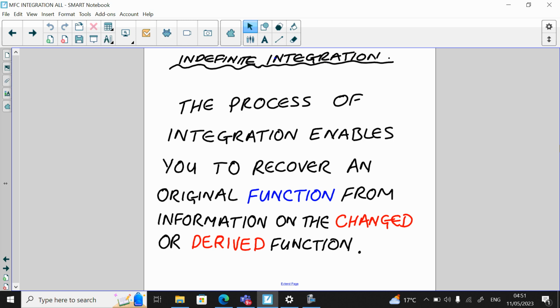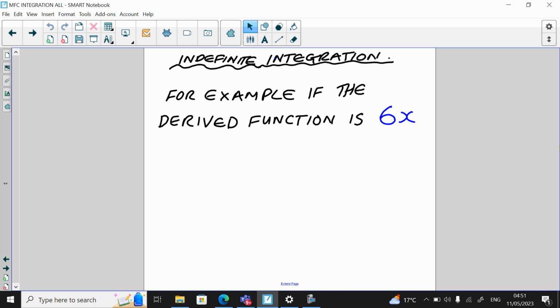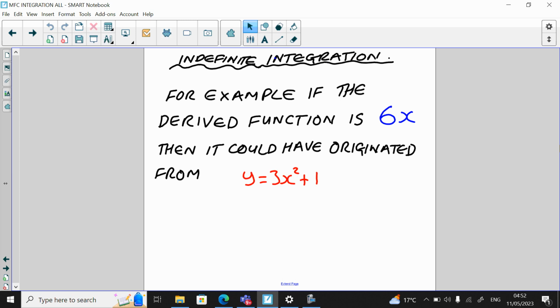So what we're going to do here is, if we have information about the gradient function, the derivative, we can go back and recover the original function. If we had a derivative, a gradient function, which was 6x, it could have come from something like 3x squared plus 1, because when you differentiate that, using your rules, the 2 comes down to multiply the 3 to get 6x, and then subtract 1 from the original power.